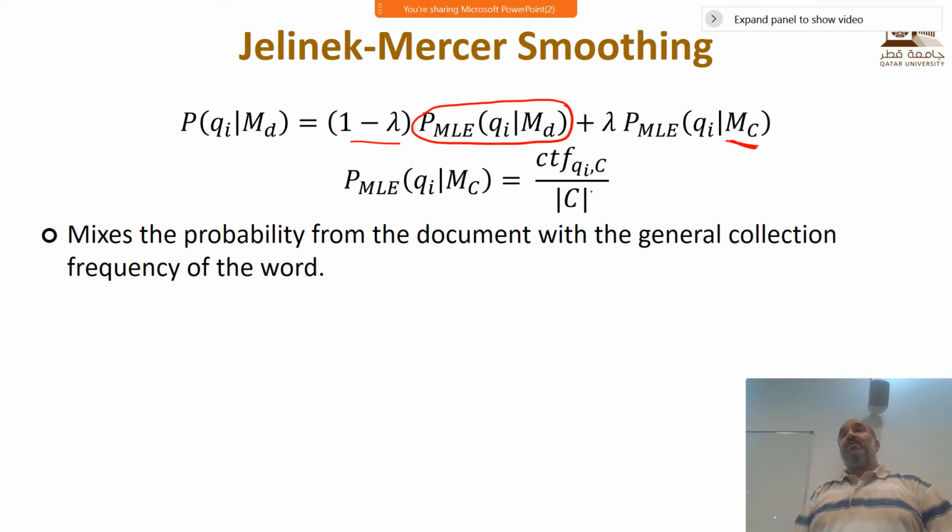The length of that document is the total length of all documents in the collection. So if a term appears a lot in the collection, then it should get a higher portion of this lambda part. So this is like we are mixing two language models. The document language model, we call the foreground language model, and this is the background language model.